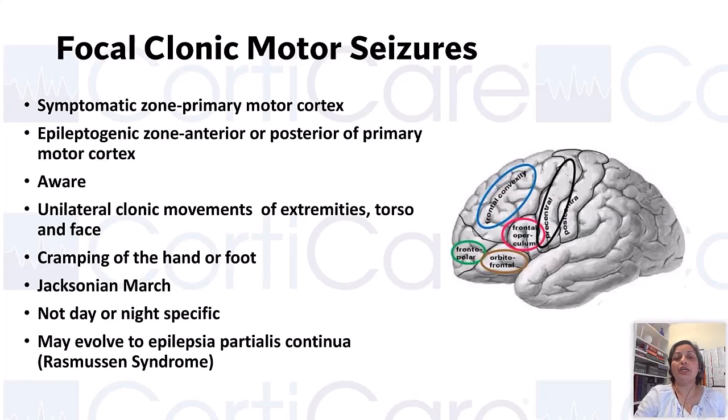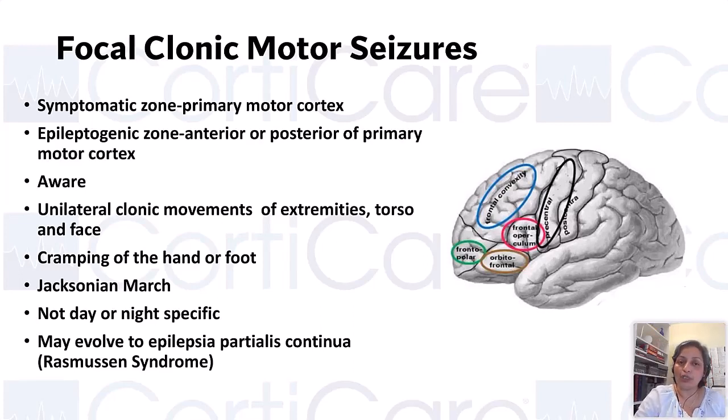So focal clonic motor seizures, they are the primary motor cortex seizures. Now, here, there is a thing, the symptomatic and the epileptogenic zone, right? Wherever you are seeing seizures, the symptoms you are seeing are not originating from that point. We have the epileptogenic zone sitting somewhere else in the frontal lobe, and the semiology looks as if it is originating from another part of the brain.